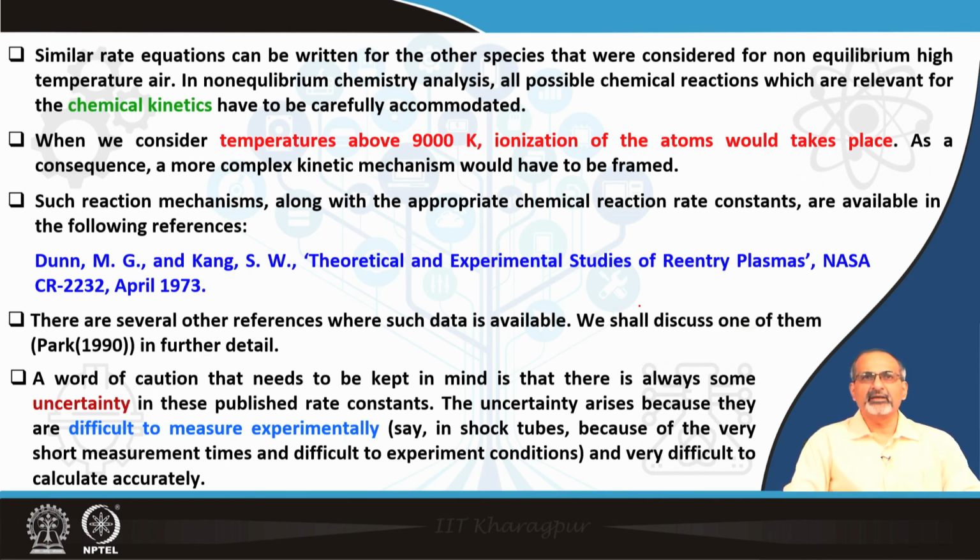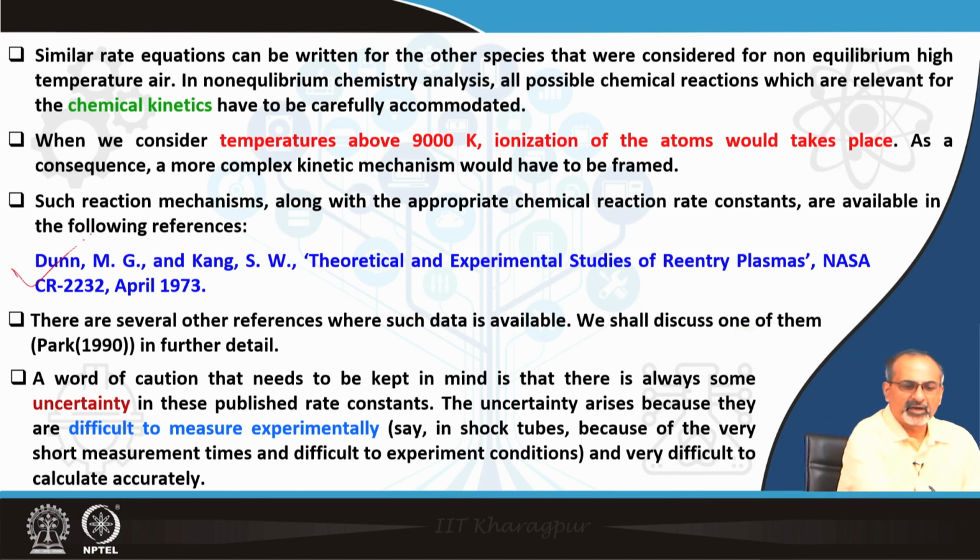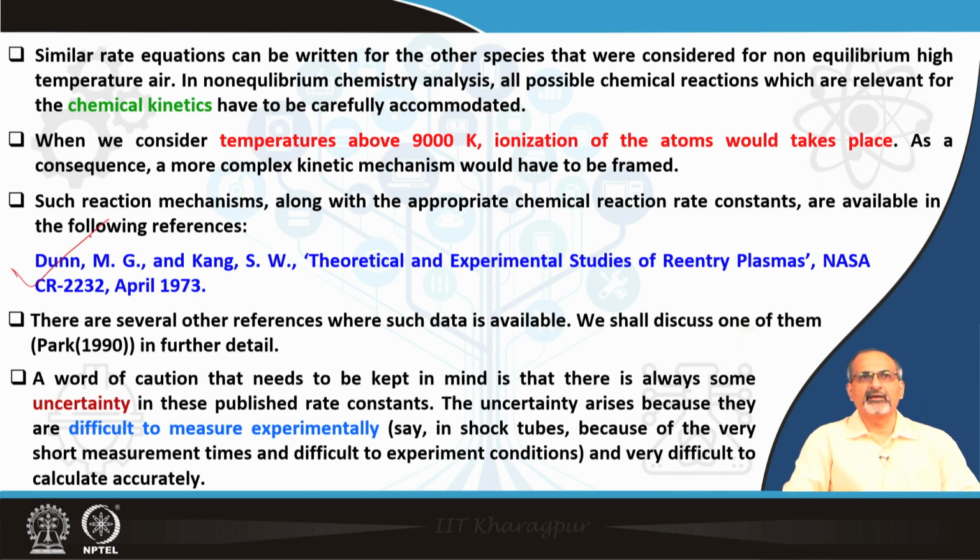Such reaction mechanisms along with their appropriate chemical reaction rate constants are available in several references. We have marked one of them, that happens to be a NASA report. There are several other references where such data is available. We would discuss one more, which is authored by Park, in a little more detail in the upcoming slides.